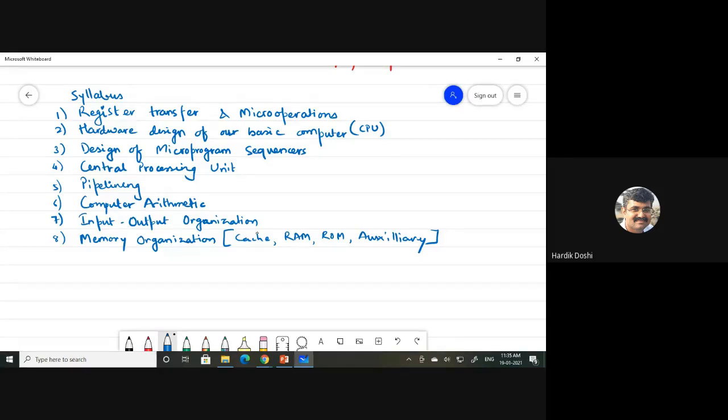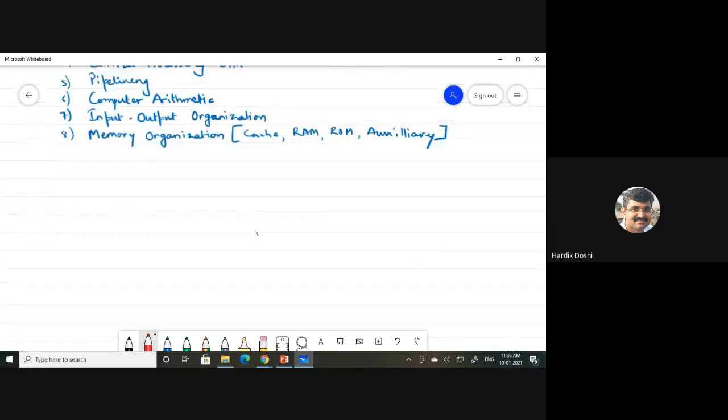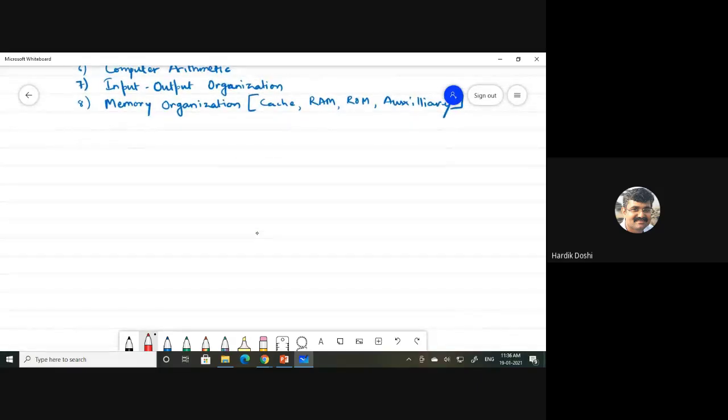So we'll be starting with the first unit today. But before starting with that unit, see, you all have studied the block diagram of a computer. This is what we term a CPU.